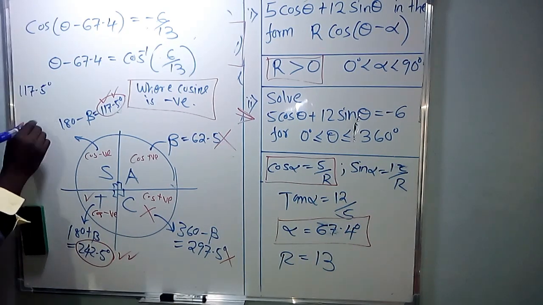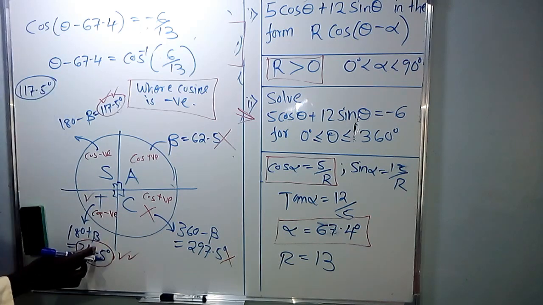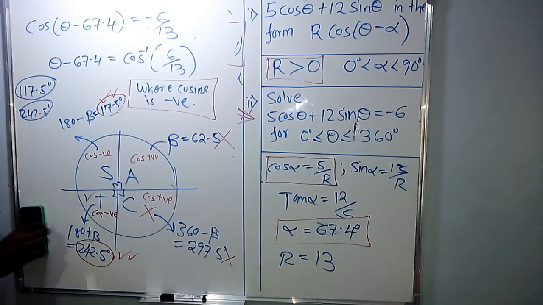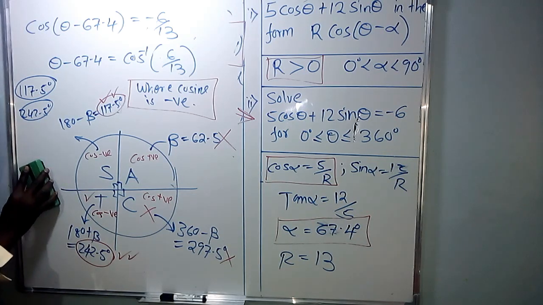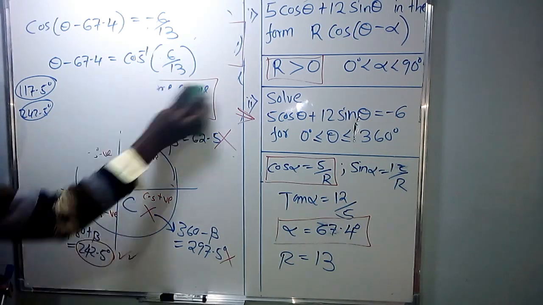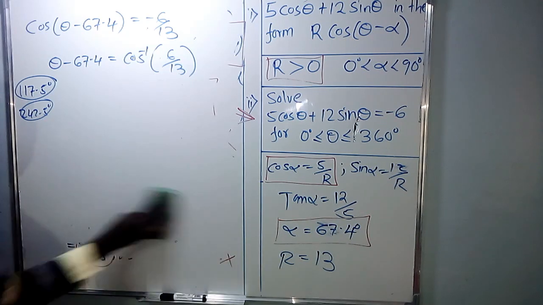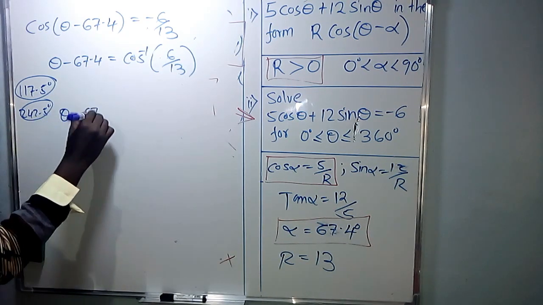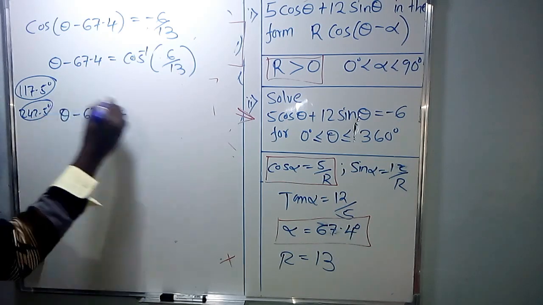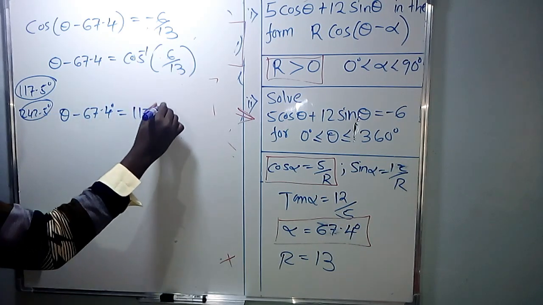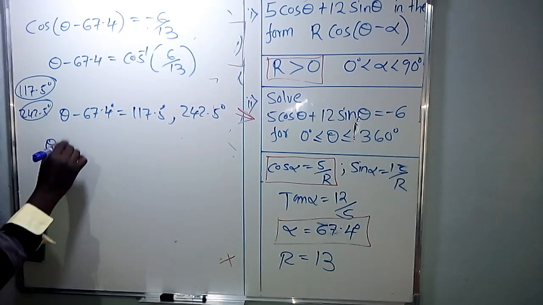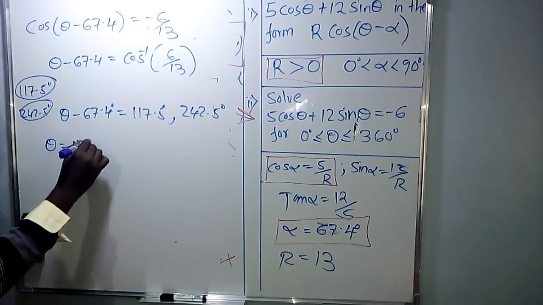So we found our two angles, but we don't need theta minus 67.4 degrees. We want theta, meaning we get rid of negative 67.4 degrees, isn't it? So negative 67.4 degrees going to the other side of the equation, we get theta to be 117.5 degrees plus 67.4 degrees, or 242.5 degrees plus 67.4 degrees.